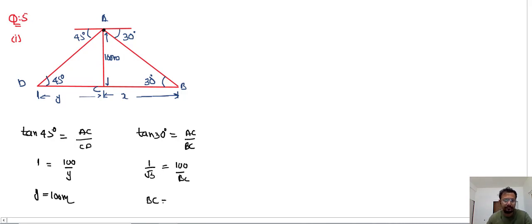So we can say that the distance between the two ships is x plus y.